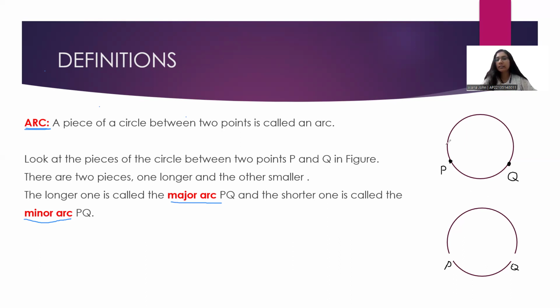Now, if the center of the circle is here, and we take the 2 points collinear to the center, then what happens? These 2 points divide the circle into two equal pieces. So there is no point in saying major arc or minor arc, because both the arcs will be of equal length. Clear? Is the concept of an arc clear to you?